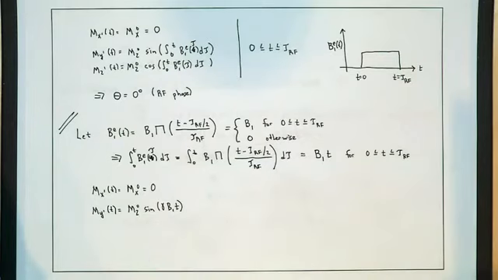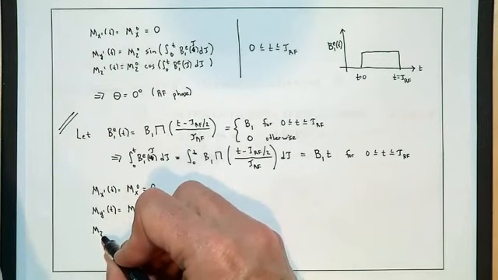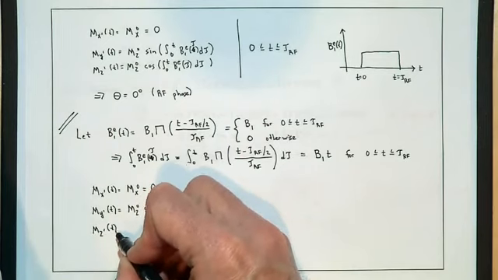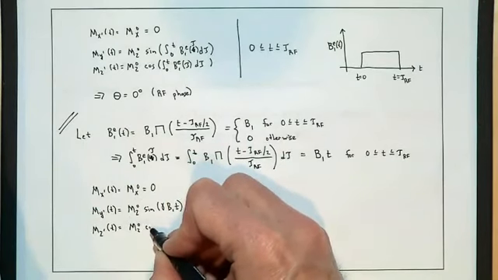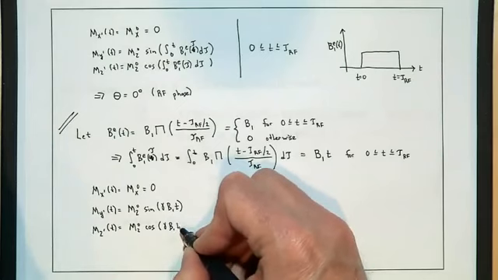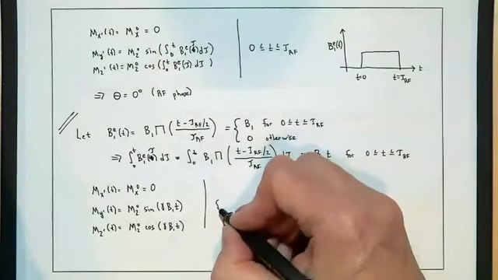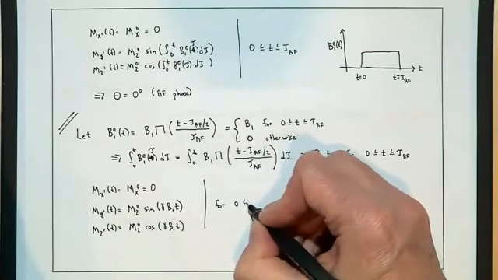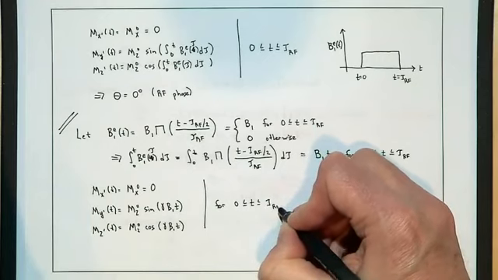Let me just write one more line, and then I'll answer your question. The last thing that we can write then is the z component of the magnetization, and that's just Mz0. It takes on the cosine term and still looks like gamma B1 of t. And again, we've written it a few times, but this is specifically for 0 less than or equal to t less than or equal to tau RF.